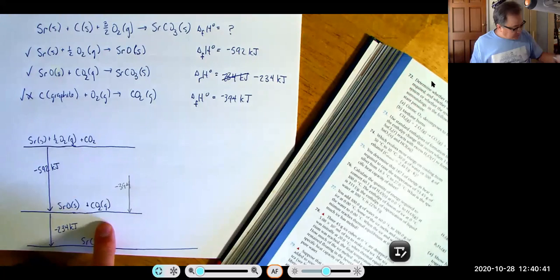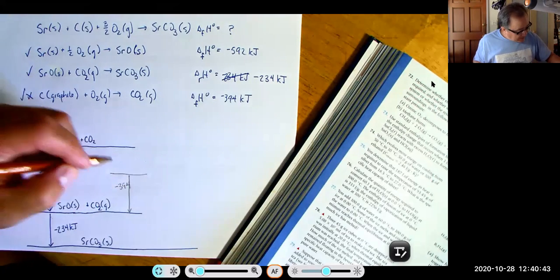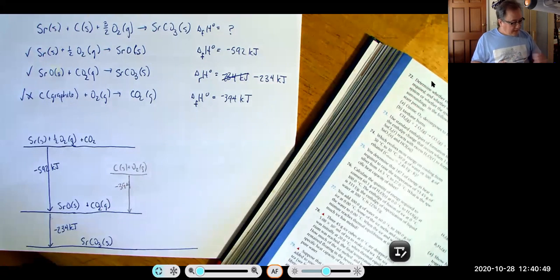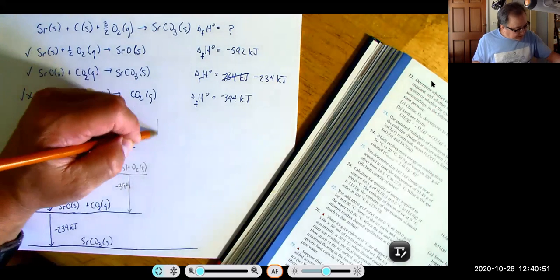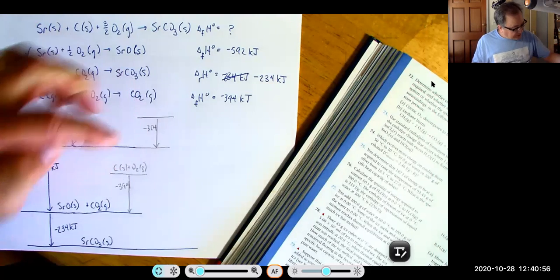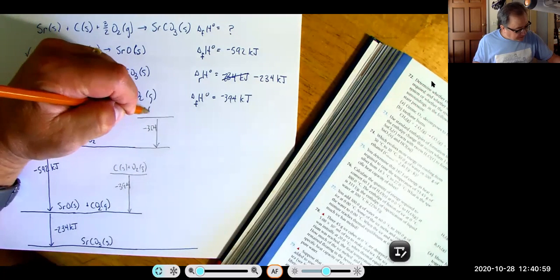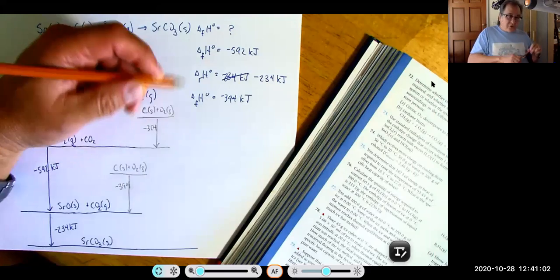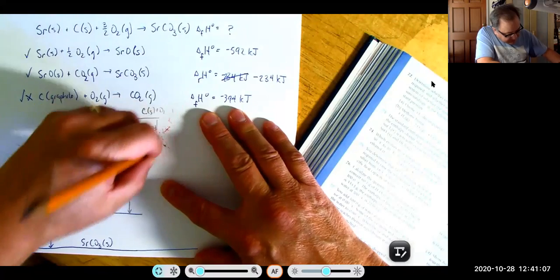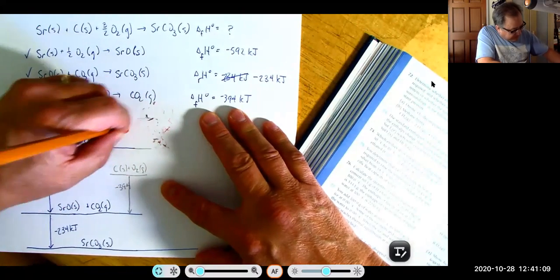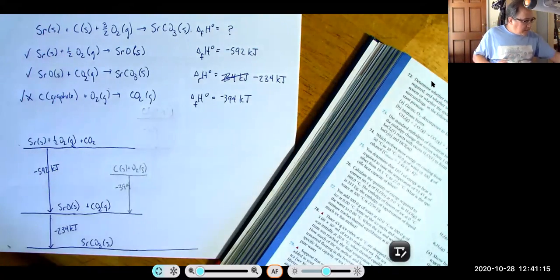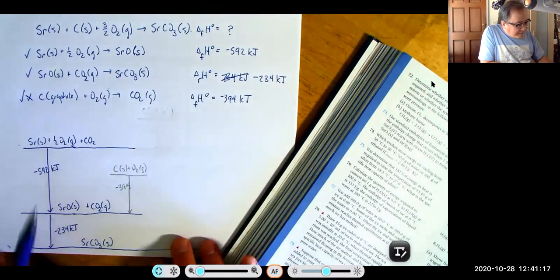And I get my CO2, and I have my carbon and my oxygen. And the other option is I do this, minus 394. There's my CO2, and I have my carbon solid plus my oxygen. So those are the 2 options. I'm going to erase the second one. And we're going to see where this guy fits into place.